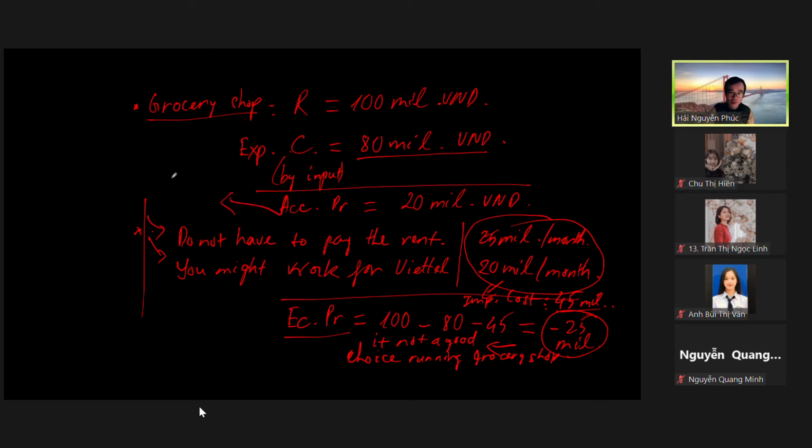You will have to pay tax based on accounting profit. And once again, pay attention to the fact that sometimes your accounting profit is positive, but your economic profit is negative. It means that you're losing money, but you continue to have to pay tax because your accounting profit is positive. Okay, that's it.